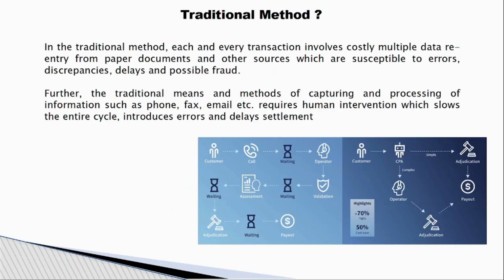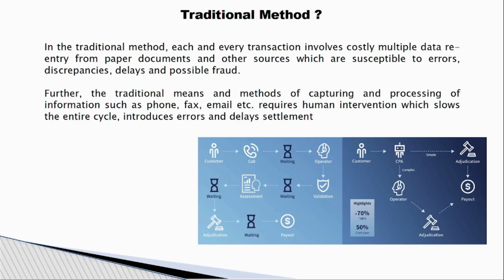So what is the traditional method? Already we have discussed. You can see in the example, where all the waiting is there. The customer will call the bank operator, where there is waiting time. The bank will validate whether he is a customer or a third party, which again involves waiting time. Then assessment, then justification, then payout.